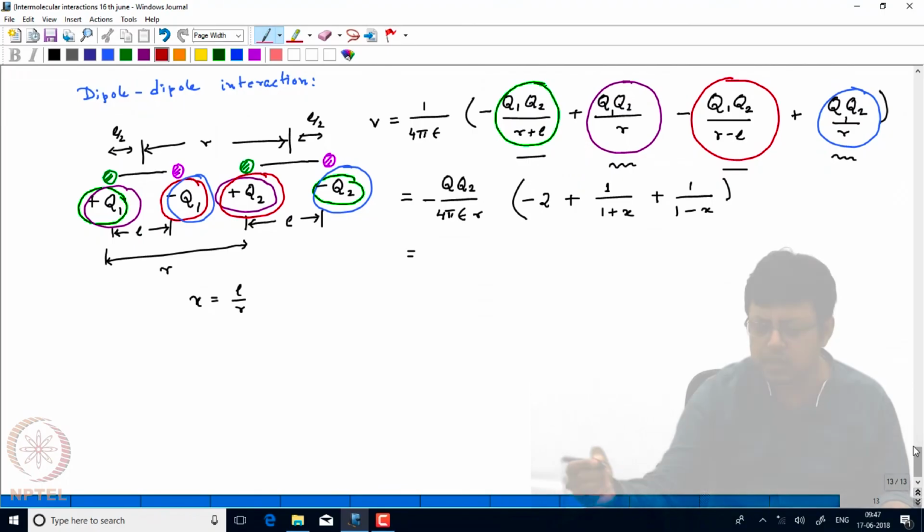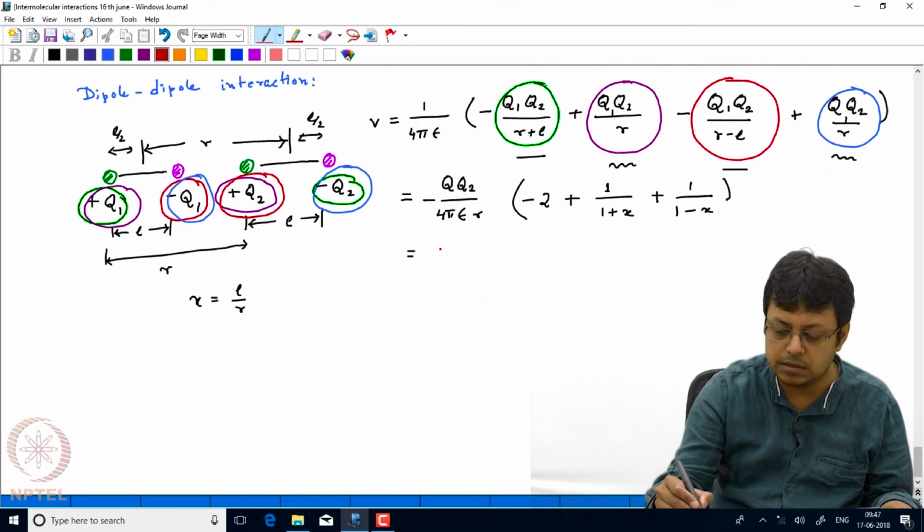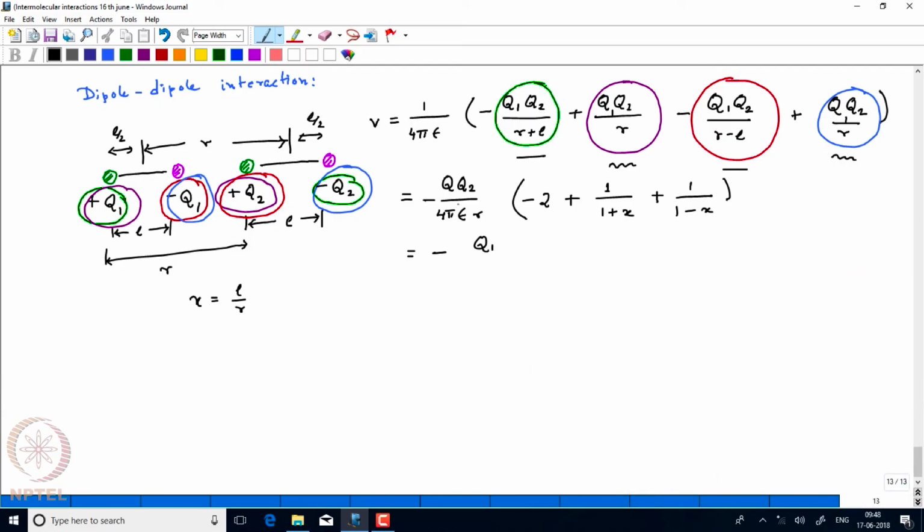So we can actually write down the series once again. It's not necessary, but I'll do it just for your convenience. So I'll have q1 q2 by 4 pi epsilon into r. I have a minus 2, and then we'll have a series for 1 plus x, and that series goes as 1, minus x, plus x square, minus x cube by 3, like this, and it's a series.